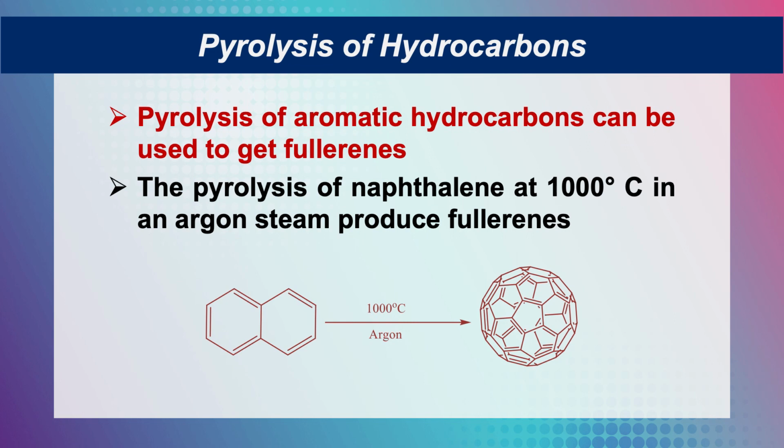This is the reaction that depicts the conversion of the aromatic hydrocarbon, naphthalene, to fullerene. High temperature in the range of 1000 degrees Celsius, performed in an inert atmosphere of argon gas, enables the generation of fullerene.